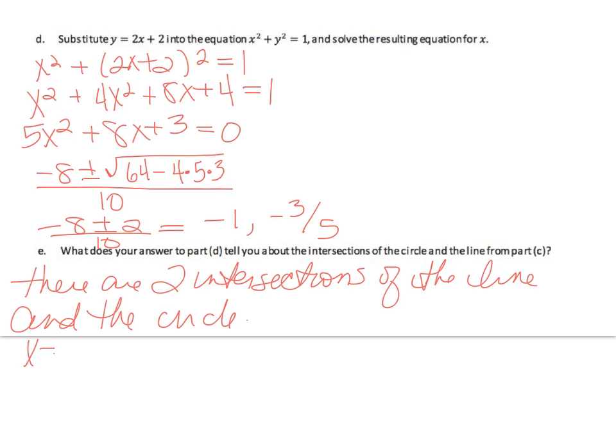So when x equals -1, then y equals 0. As the sketch shows, that's what we found. So -1 comma 0 was in fact a solution. When x equals -3/5, that's a -3/5.